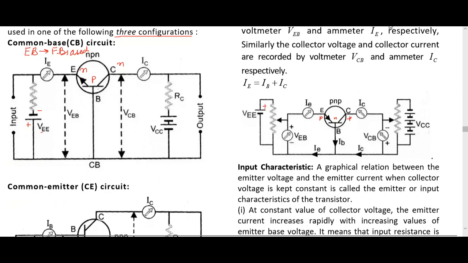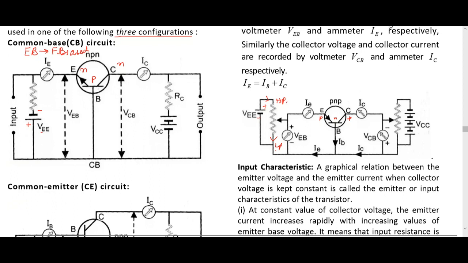This is the base, for forward biasing, this is N. N has to be connected with negative, and this is connected with negative here. And current will flow in this circuit like this. It means this is at higher potential and this is at lower potential. So obviously this portion is negative as it is joined to this also.